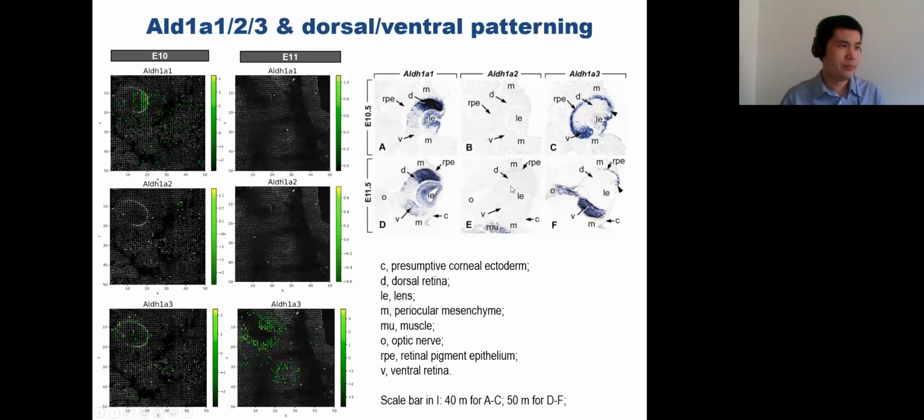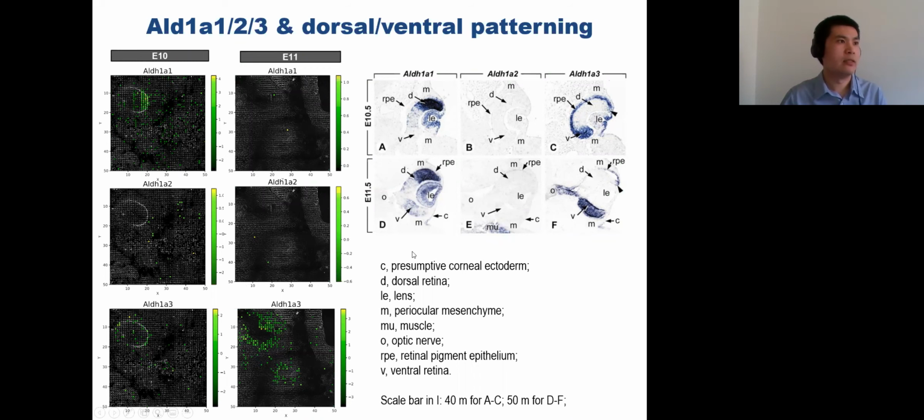And A3 tends to show quite some alignment with pigment cells, which is shown here, and they also have some other regions, which are also showing in the day 11 mouse eyes.